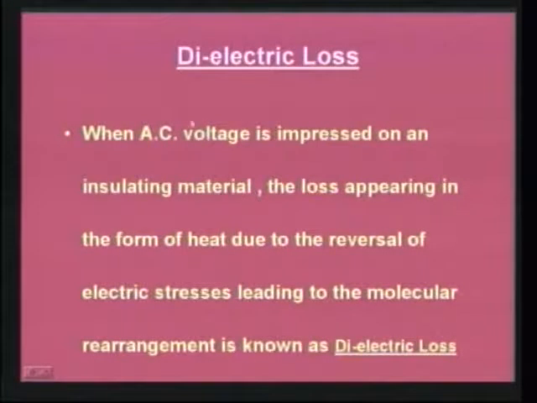So, when AC voltage is applied, because of its positive and negative nature, there will be reversals of molecular arrangement and hence heat is developed due to collision of molecules. The heat loss due to this is called dielectric loss.